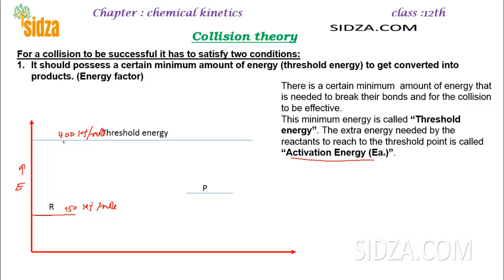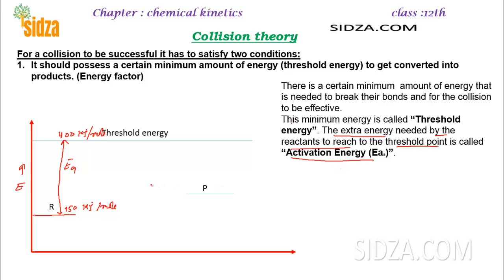So this energy difference that you see between the threshold energy and the energy of the reactants is called the activation energy. The extra energy needed by the reactants to reach the threshold point is called the activation energy.